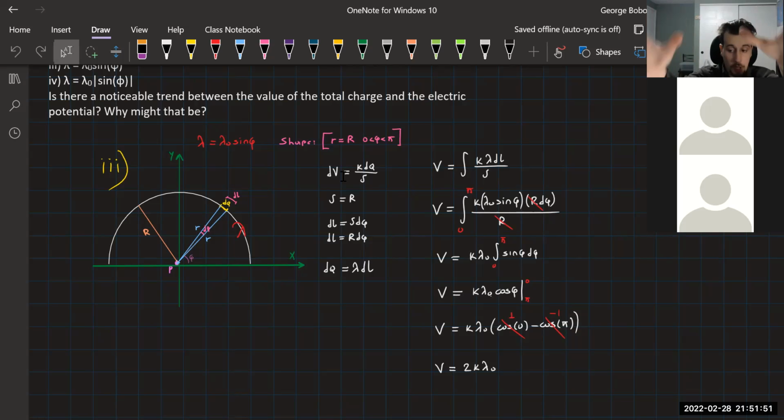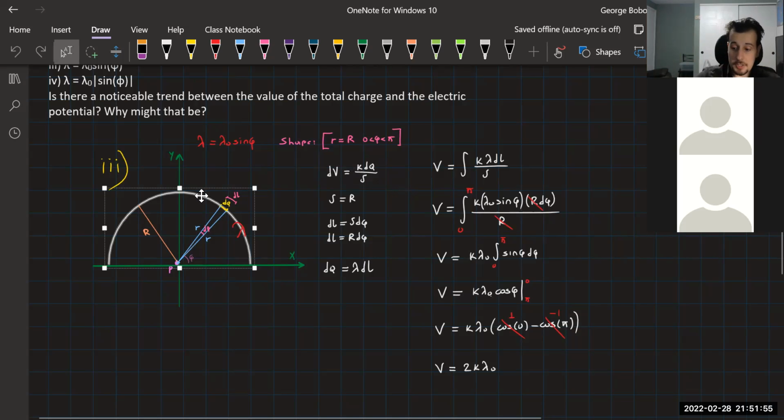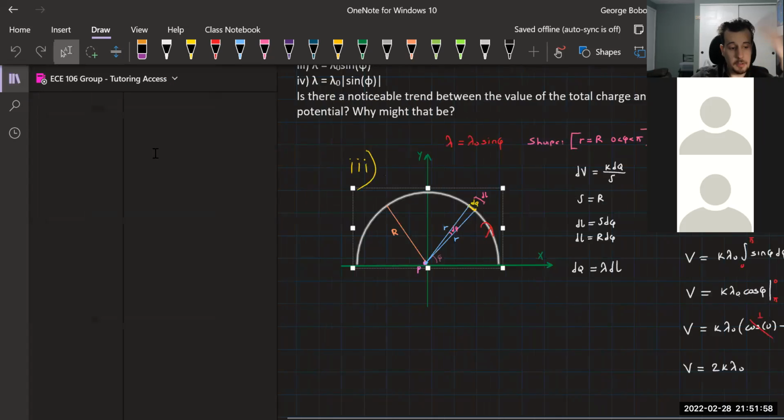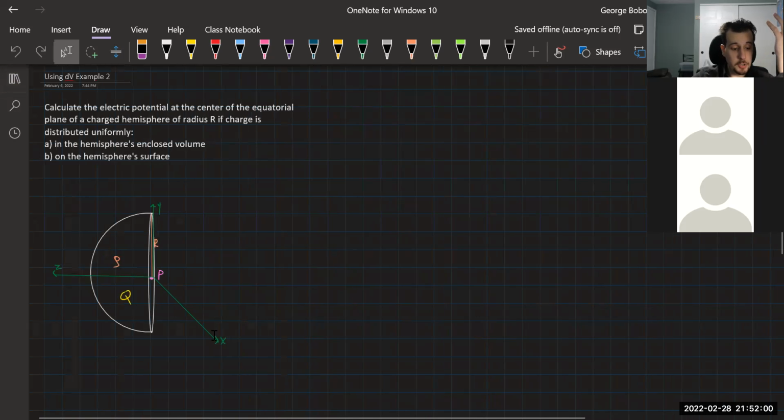For non-Gauss, that's a non-Gauss situation. Equivalently, that's another non-Gauss situation. Same deal: you use the dV element. In this situation, what I would do is first notice that it's not Gaussian.